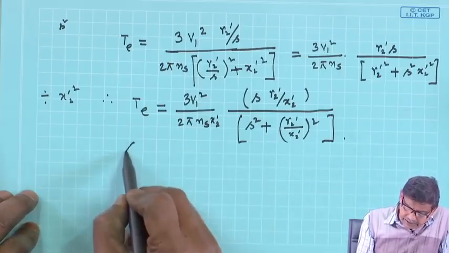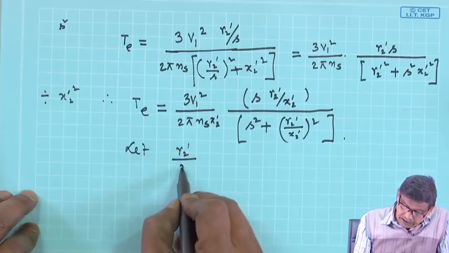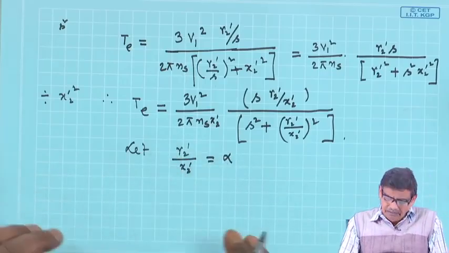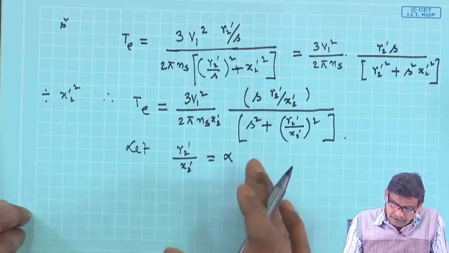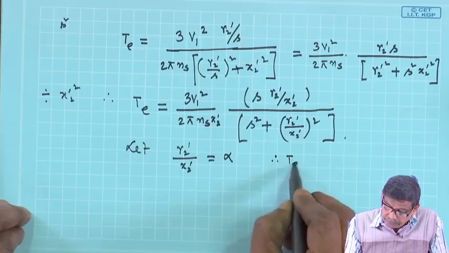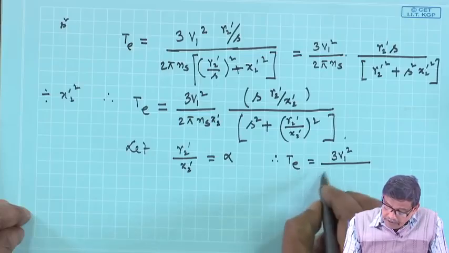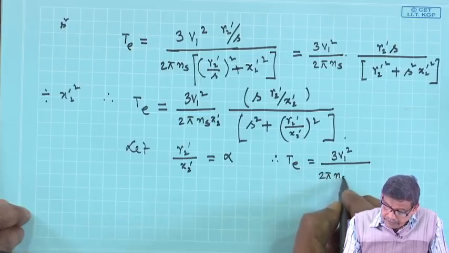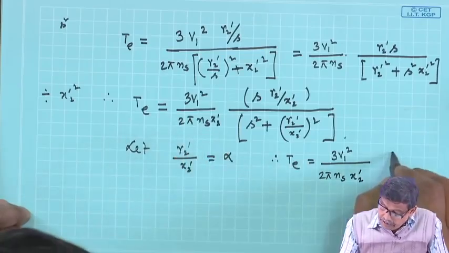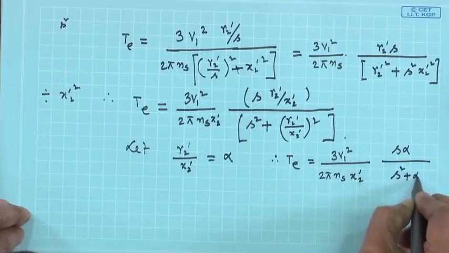I say let R2 dashed by X2 dashed be equal to alpha, some ratio alpha. Then the torque will be equal to 3 V1 squared by 2 pi ns into X2 dashed, this is the constant part, and this can be written as S alpha divided by S squared plus alpha squared.